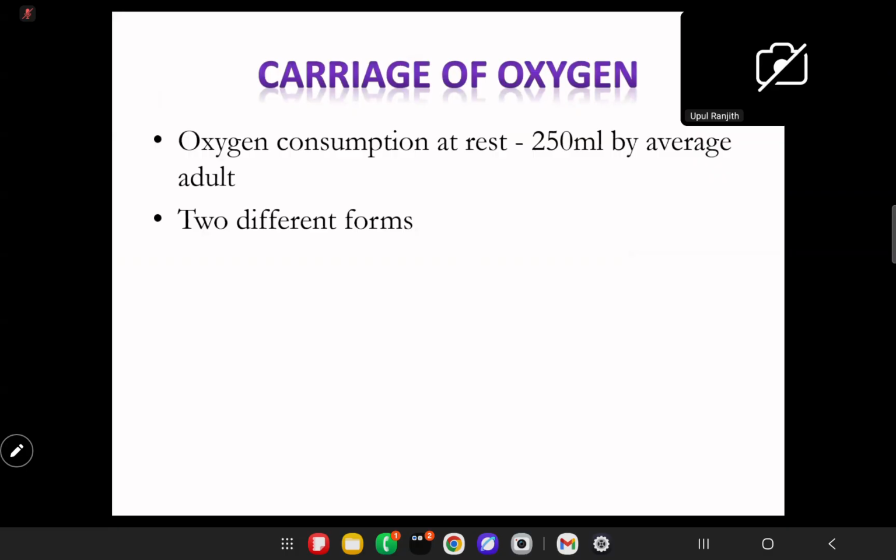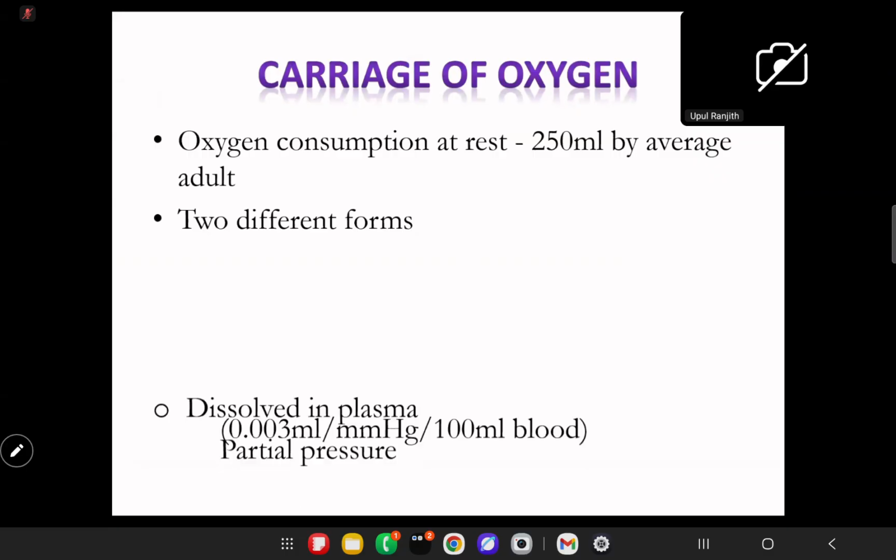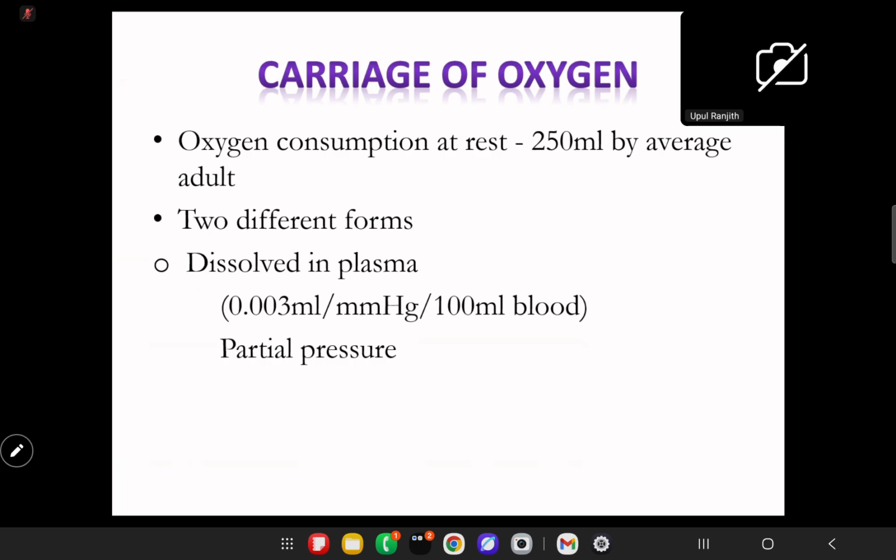The oxygen is carried in the blood in two different forms. One is dissolved in the plasma, which is responsible for the partial pressure of oxygen in the blood. It is 0.003 ml per millimeter of mercury per 100 ml of blood.